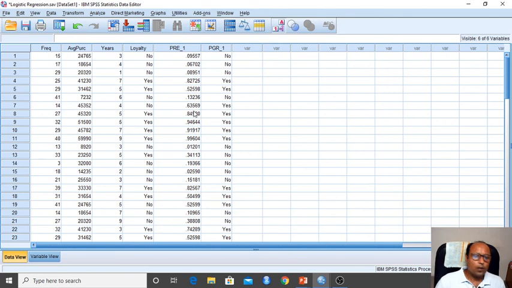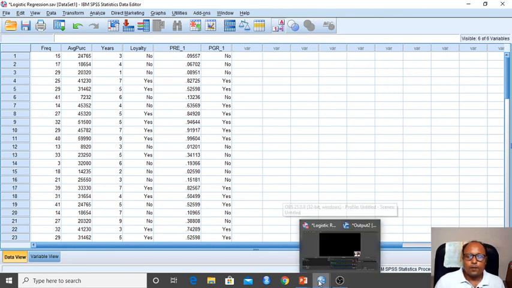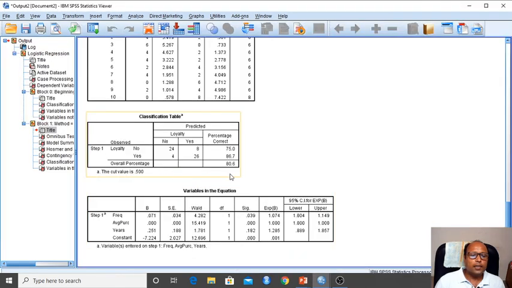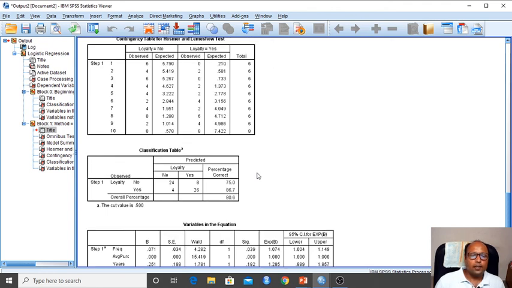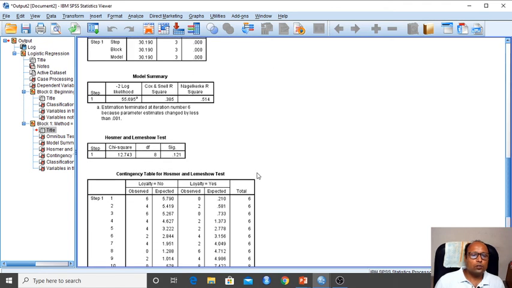This way the classification has been done. If you go to the Variables in the Equation table and check the significance, it shows that years of purchase, since how long he is dealing with us, is not a significant variable. All others are significantly impacting the classification. So this is how classification is done.